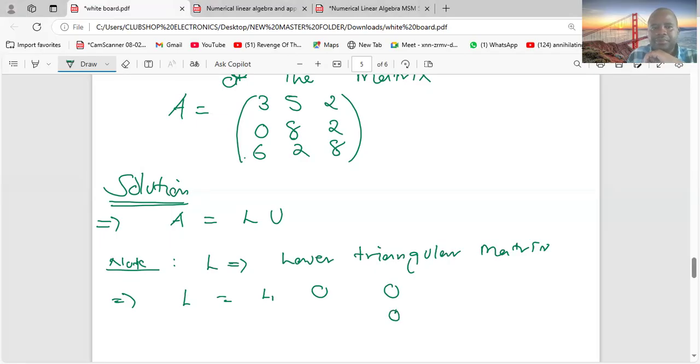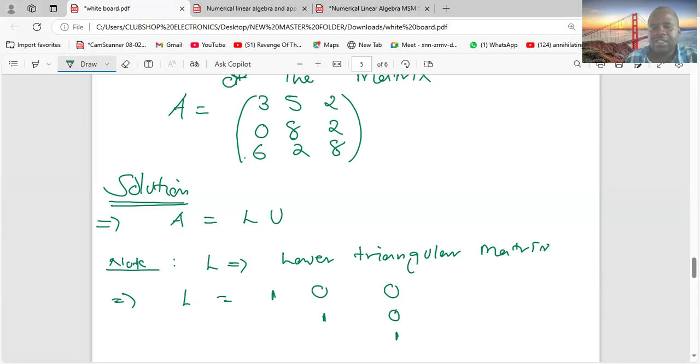Actually, for a shortcut method with this lower matrix, here we have 1. There are a lot of procedures, but I think this is a shortcut. Here there should be 1, and there should be 1.